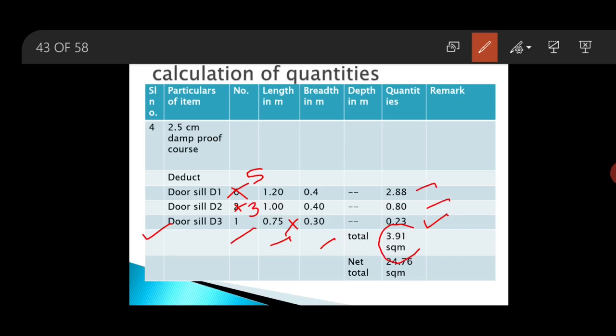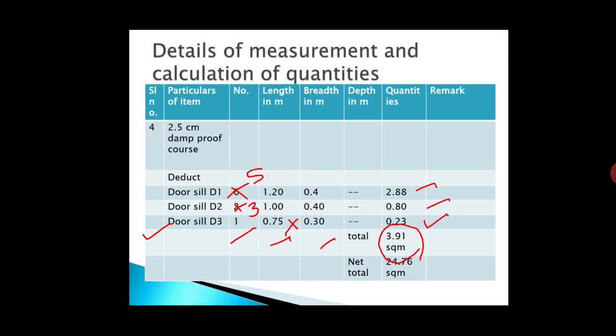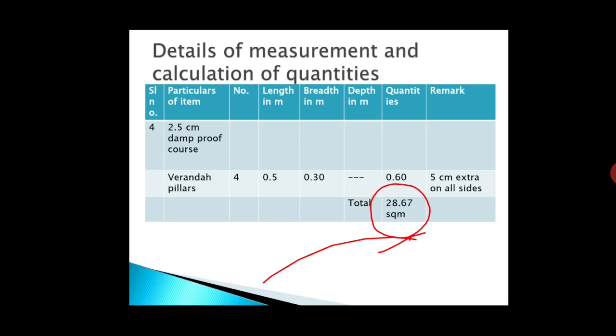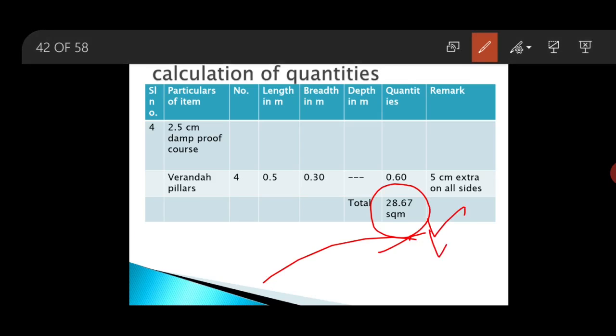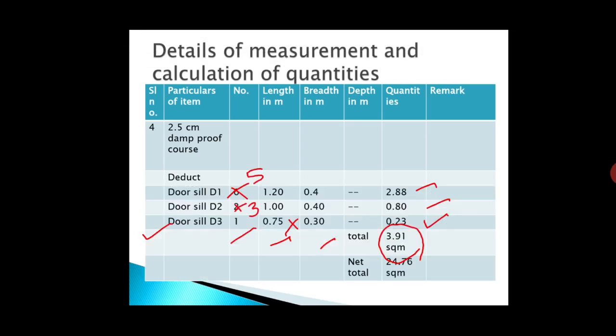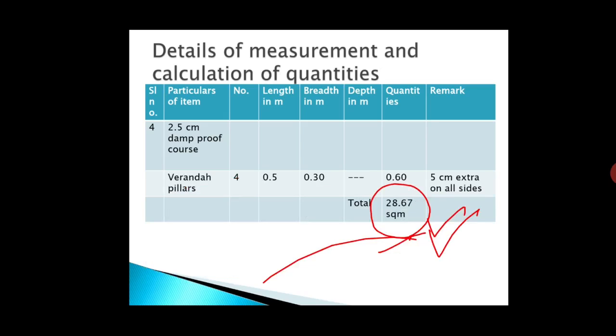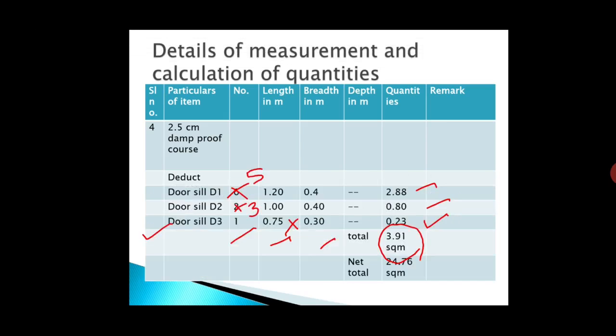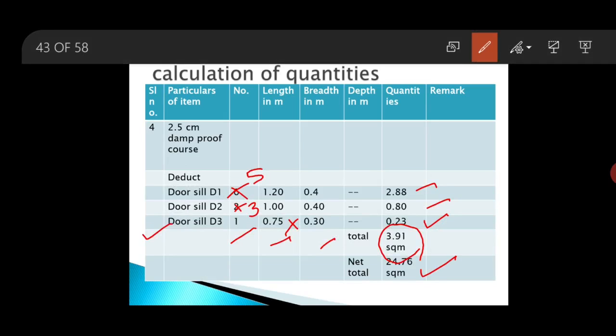The total of deduction will become 3.91 square meter. Then from the total gross quantity of the DPC, this 28.67 square meter, you have to subtract the total of deduction. Then you will get the final quantity of DPC, that is 24.76 square meter.